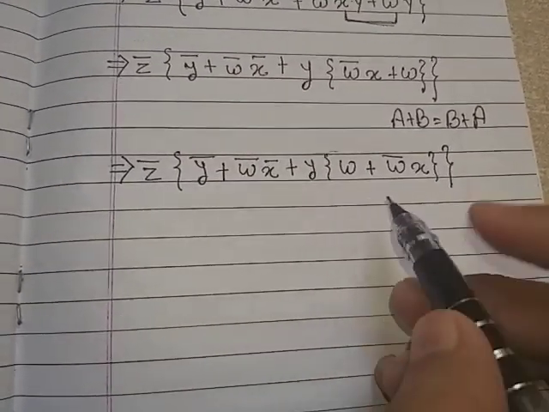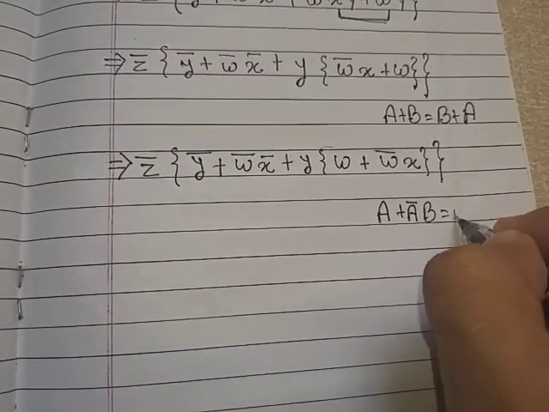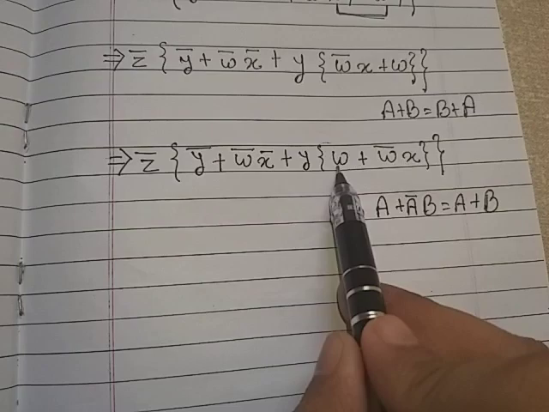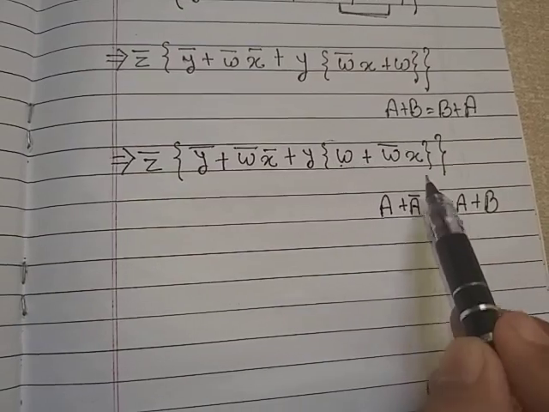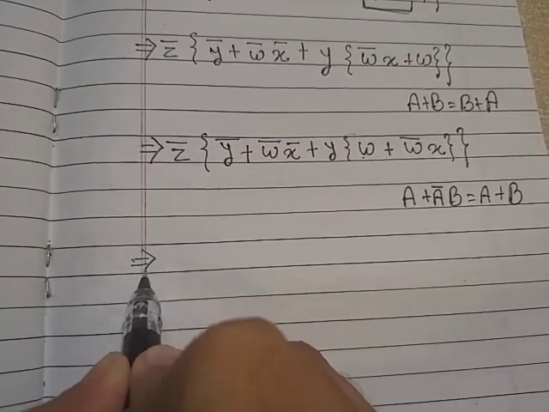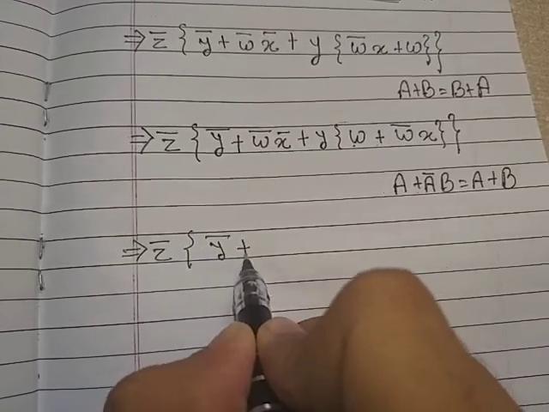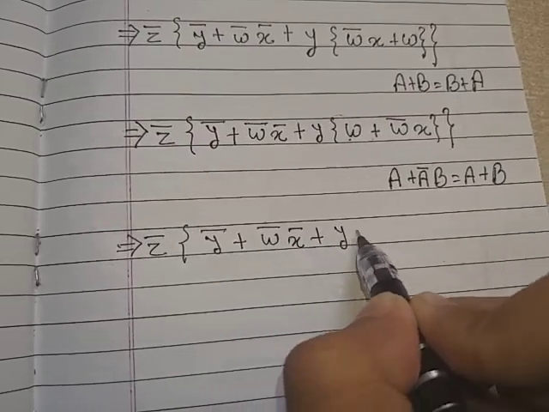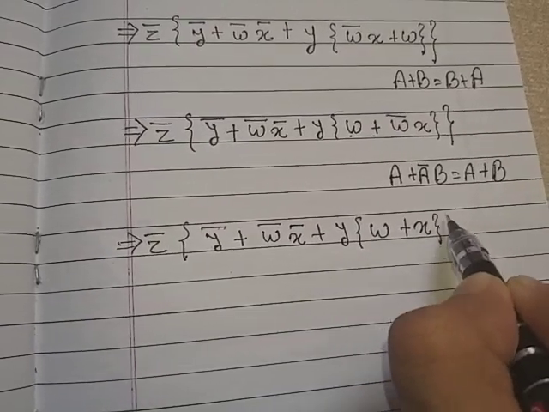Now a plus a bar b is equal to a plus b. Here it is a plus a bar b, where a is equal to w and b is equal to x. So this is going to become z bar times y bar plus w bar x bar plus y times w plus x.